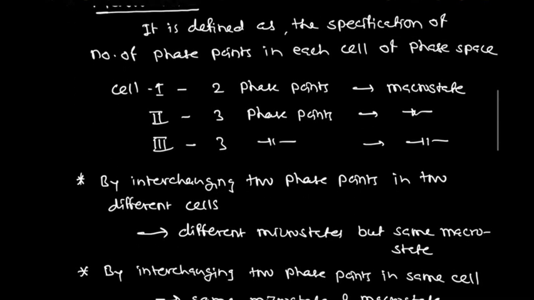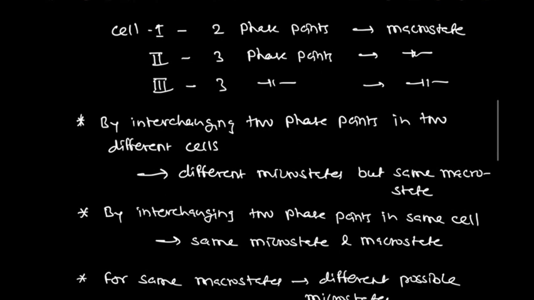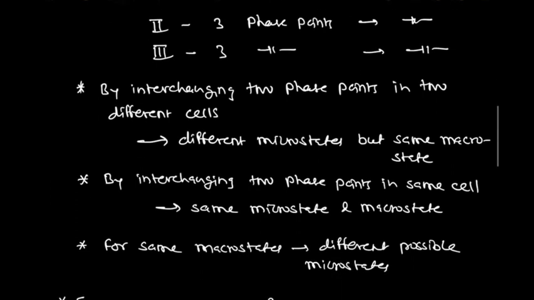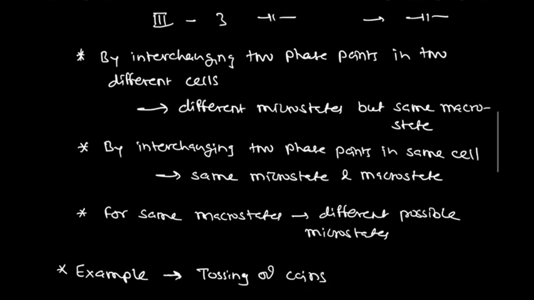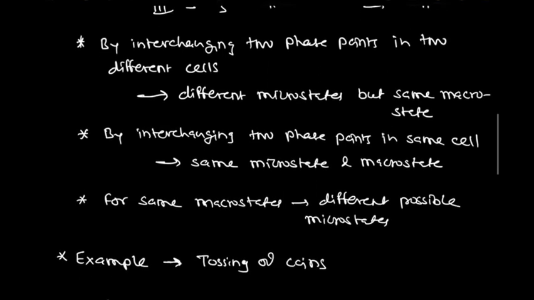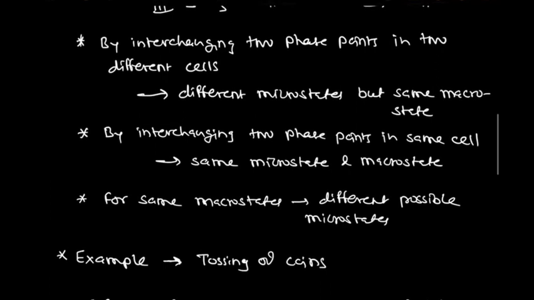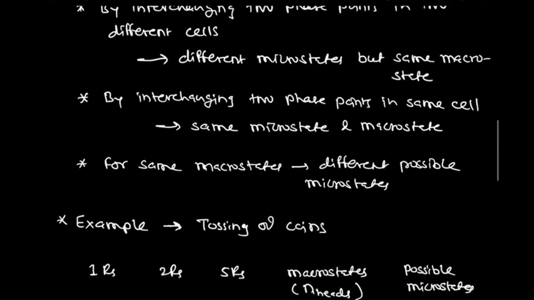If we interchange two phase points in different cells, we get a different microstate for the same macrostate. Again, if we interchange two phase points in the same cell, then micro and macrostate remain the same, but hence we say that for the same macrostate we get different possible microstates.